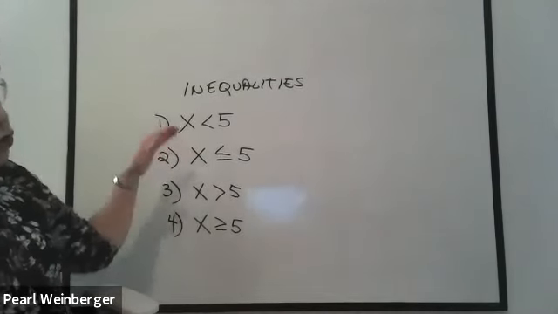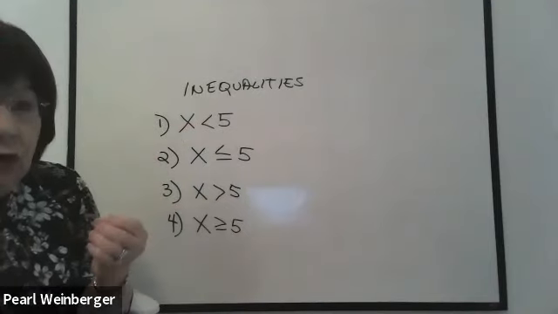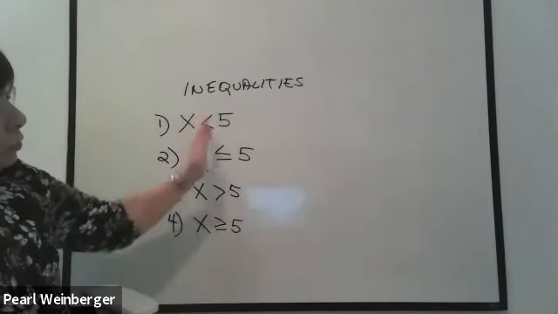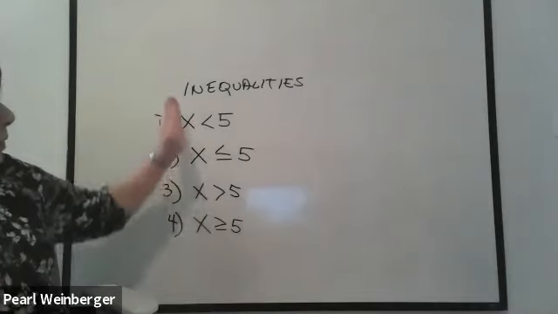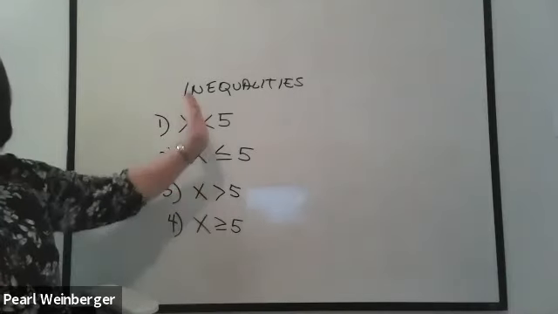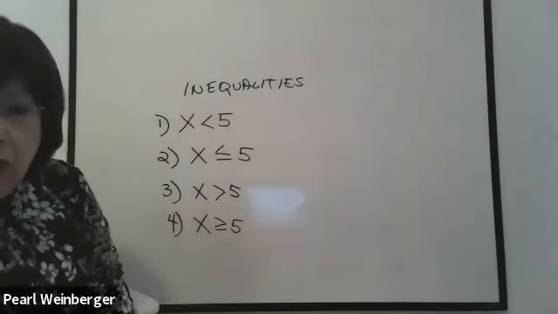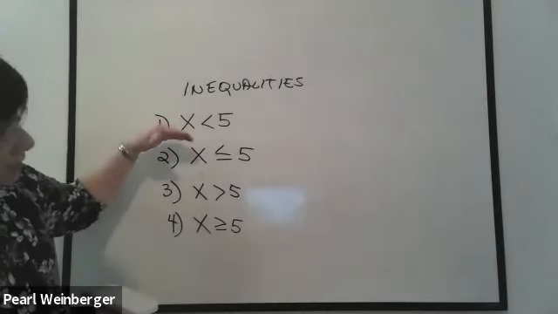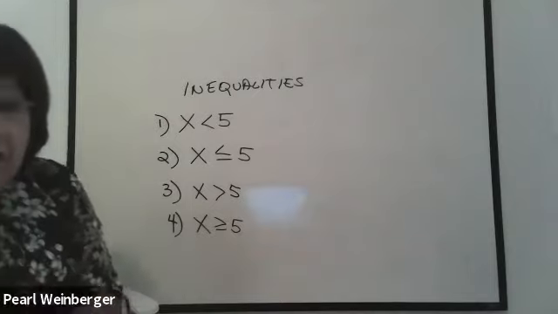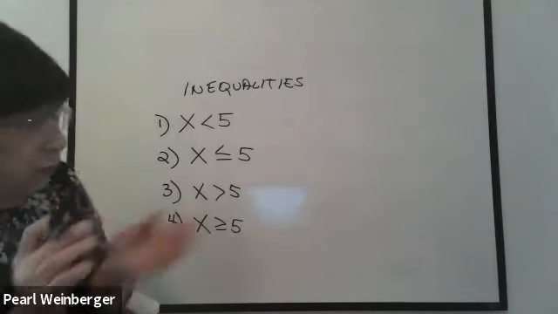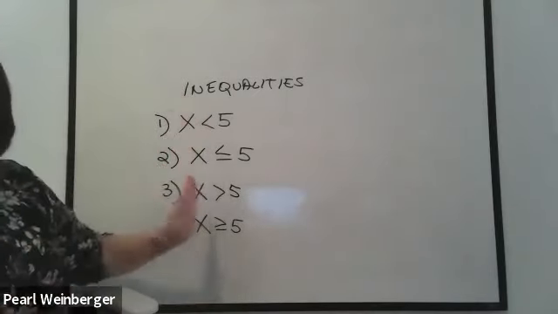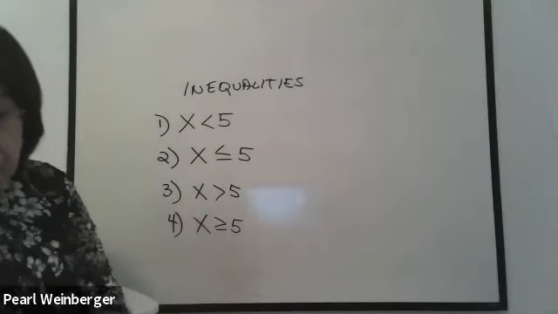But when it comes to the answer for an inequality, not only must you put in the number, but you must put in the inequality. It's not enough to say 5 as an answer to an inequality. You'd either have to say x is less than 5 or x is greater than 5, because with any number, there are 4 different ways this could go.